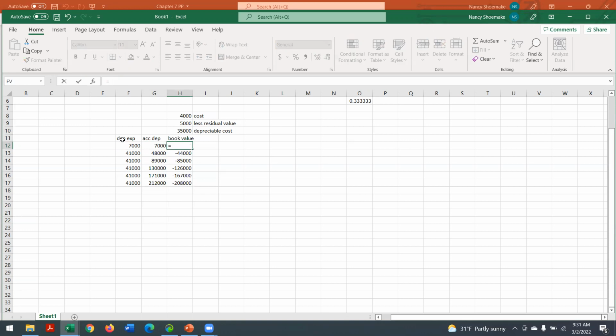The book value is going to be the 40,000 minus the 7,000 each year.